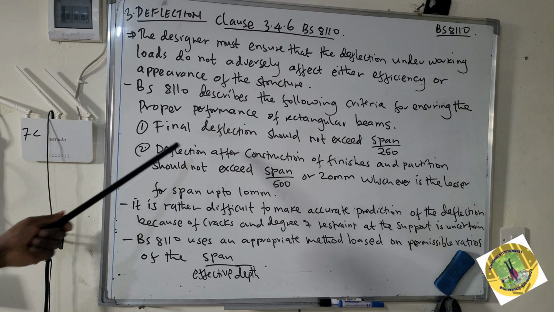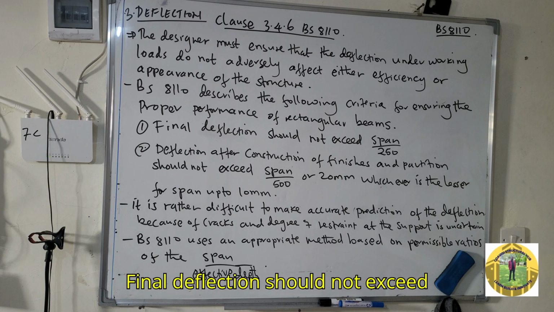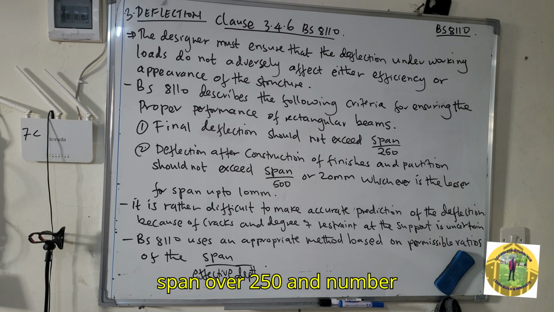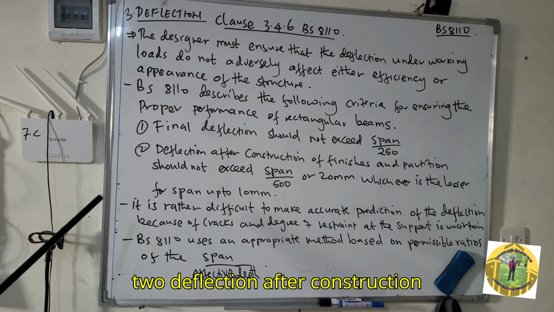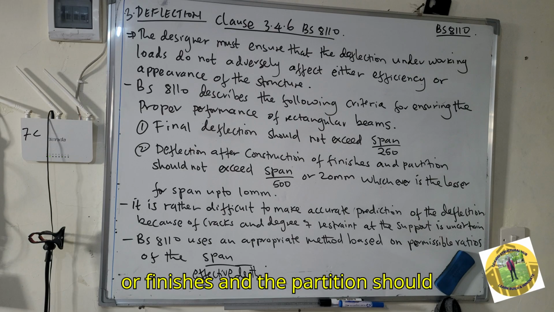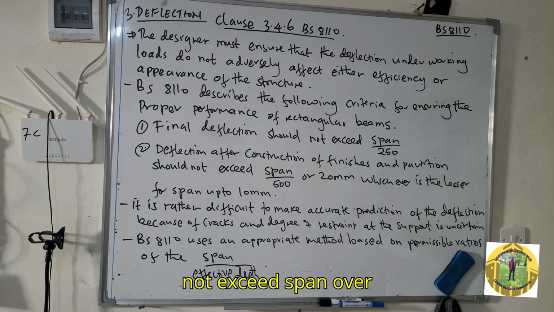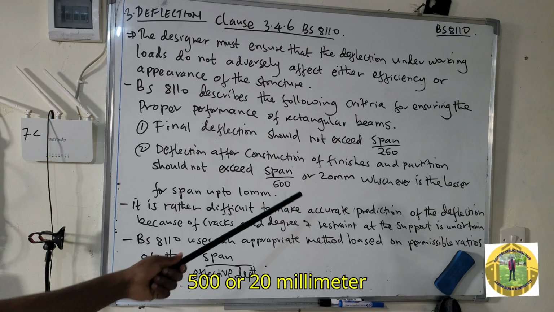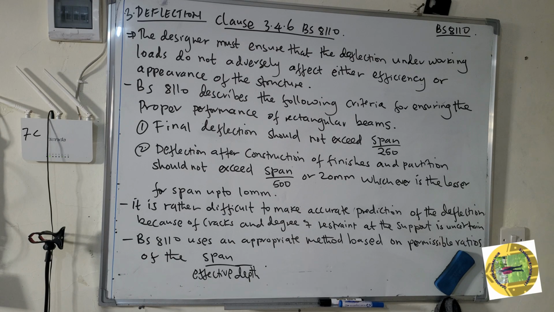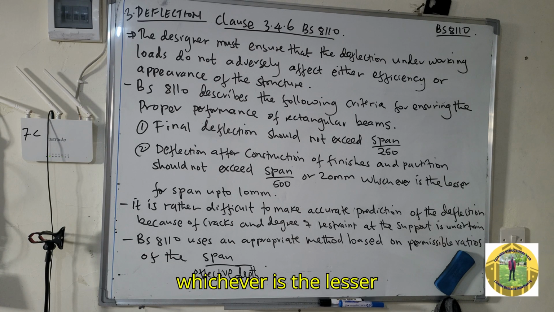BS 8110 describes the following criteria for ensuring the proper performance of rectangular beams. Number 1, final deflection should not exceed span over 250. And number 2, deflection after construction of finishes and partitions should not exceed span over 500 or 20 millimeters, whichever is the lesser.